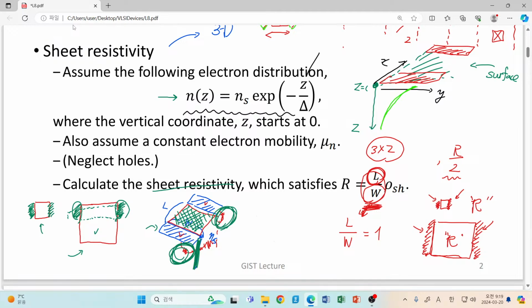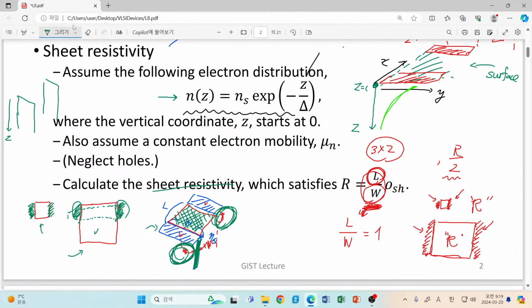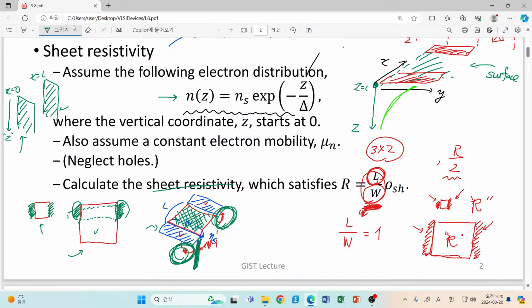Simply speaking, when you solve this problem, you have to consider a semi-infinite coordinate system for your z direction, but your x position just starts from 0 and ends at L, and your contacts are actually placed vertically to this x coordinate.